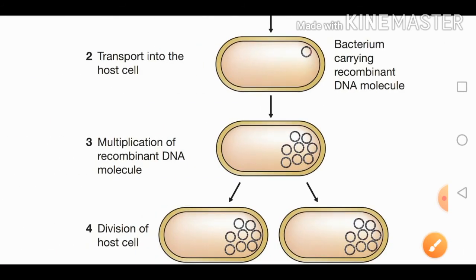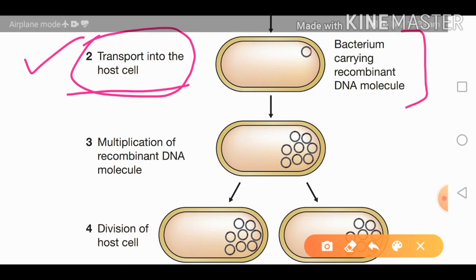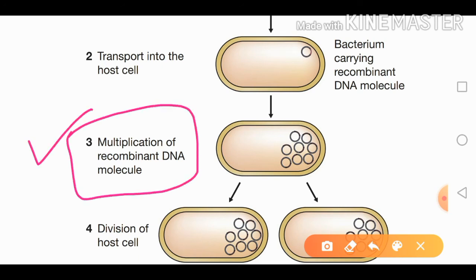Then the second step is the transport of the rDNA molecule, or recombinant DNA molecule, into the host cell. This particular bacterium carries the recombinant DNA molecule, and after that, in the third step, multiplication of the recombinant DNA molecule takes place, and after that segregation of the recombinant DNA molecule into the progeny cells takes place.